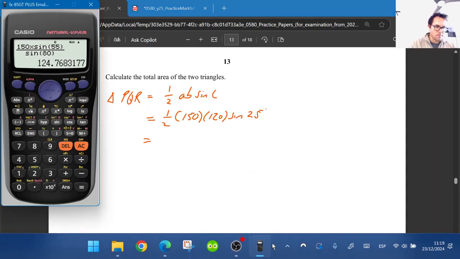Let's put that in. I just put 0.5 for a half. That gives 3,803.56. Do not round this yet.